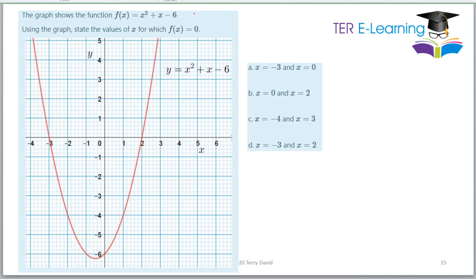So we have a function which is x squared plus x minus 6. That's this function here. And I want you to state the values of x for which f of x equals 0. I already explained what this means. So what's the answer for this one?